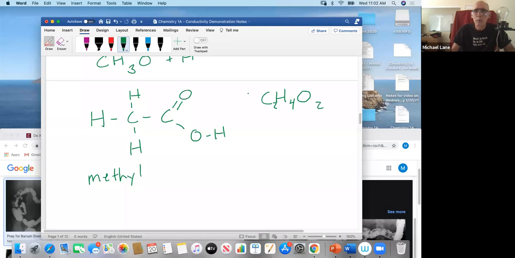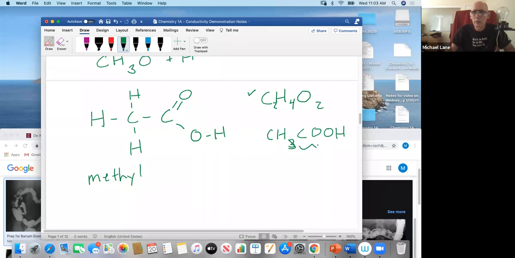but we see how when we write it this way, it doesn't give us an indication of the actual structure of the molecule. It might also be written CH3COOH to give us a better indication of the actual structure.